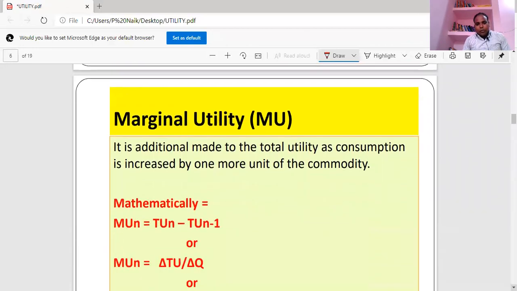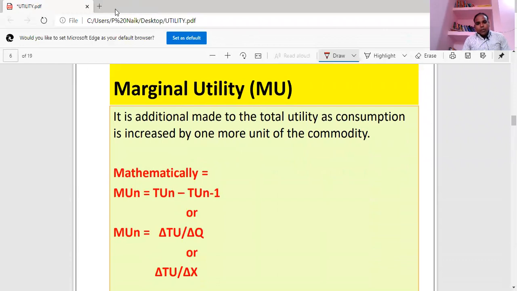Now we'll discuss marginal utility, the second part. It is the addition made to the total utility as consumption is increased by one more unit of the commodity.